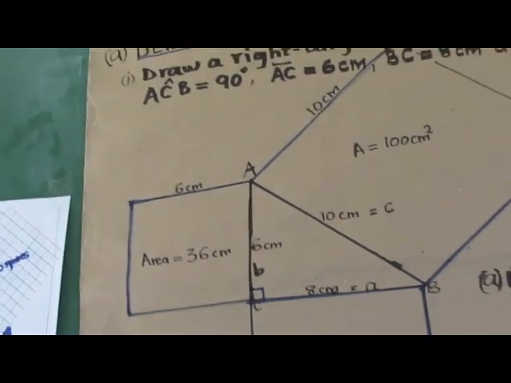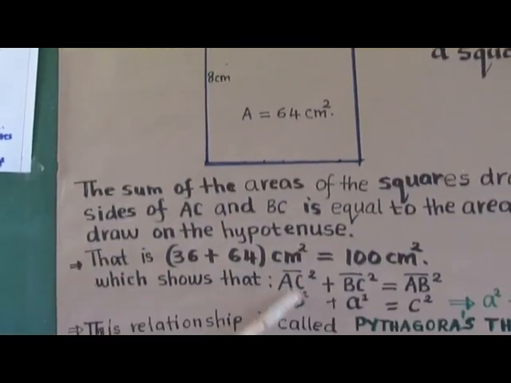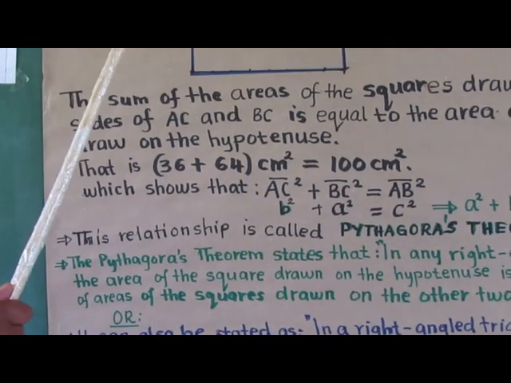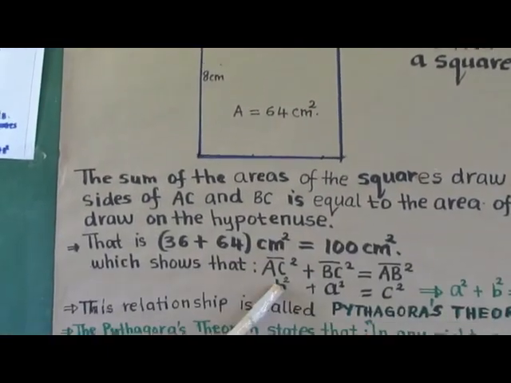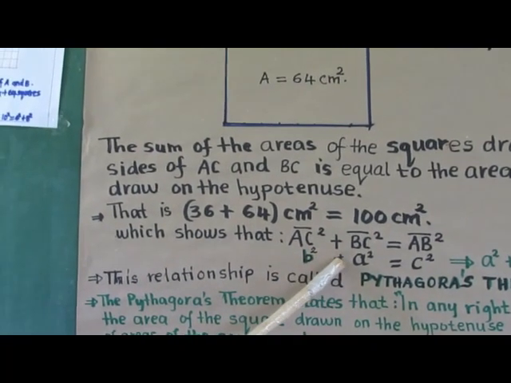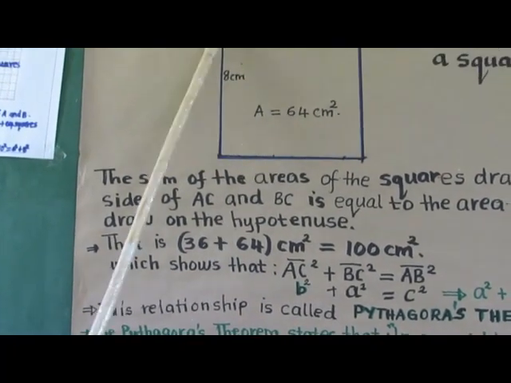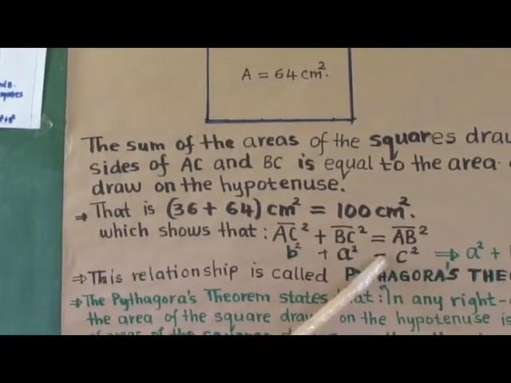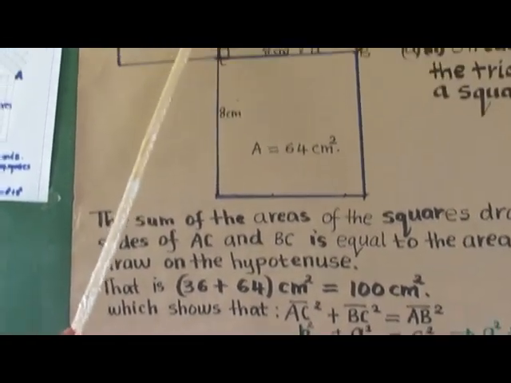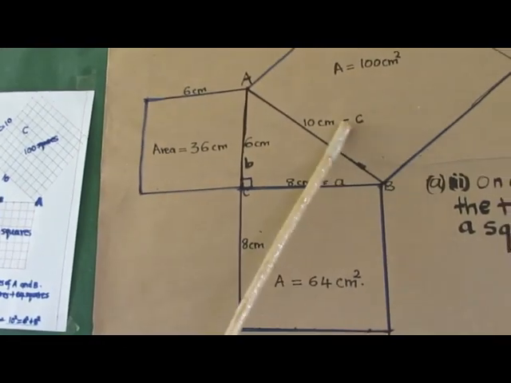Therefore, according to this, AC is equal to b squared. AC squared, which is b squared, plus the side BC, which is a squared, is equal to AB, our hypotenuse, which is c squared.